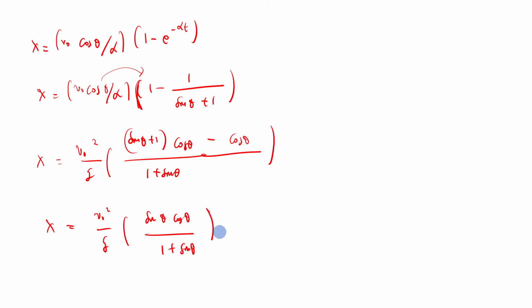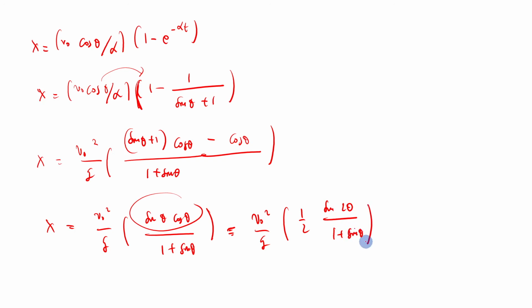V0 squared divided by g times sin theta cos theta divided by 1 plus sin theta. Okay, and we can substitute this term with the identity of trigonometry, which equals 1/2 sin 2 theta over 1 plus sin theta. Okay, taking the derivative to maximize x, with the value of the derivative being 0.